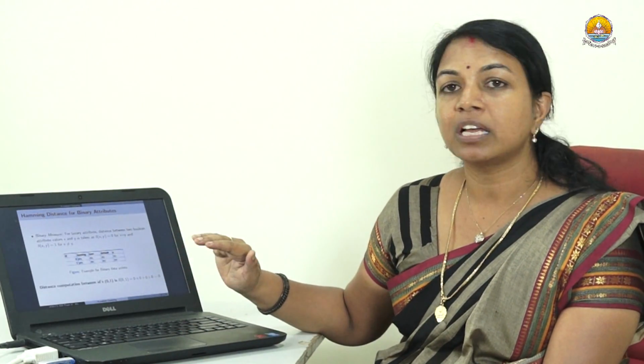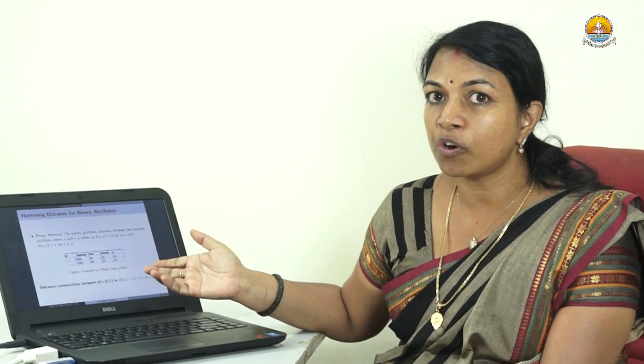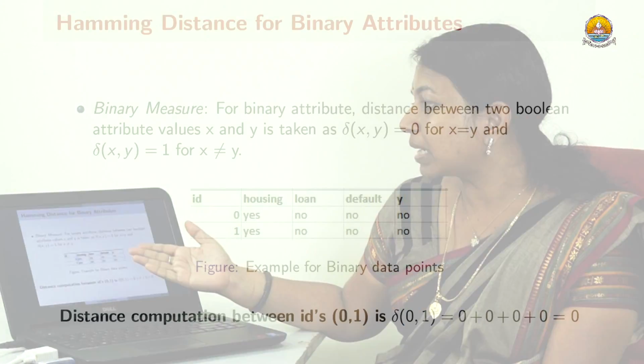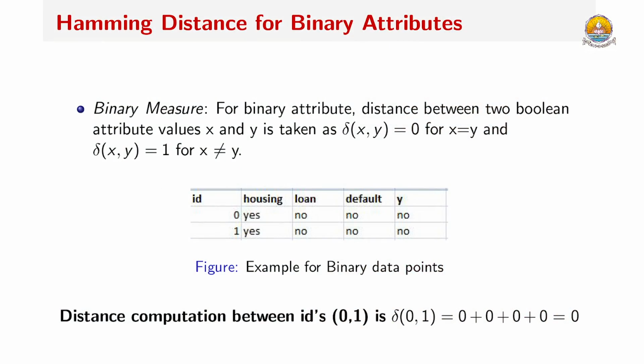Now for binary attributes: in the given data set there were also a few attributes which consisted of binary values, something like housing, loan, default, Y and so on. If I want to compute the distance between two rows, I have nothing else to do but find the Hamming distance between the two. If I look into housing and loan, I ask what is the difference, or the similarity, between row 0 and row 1.